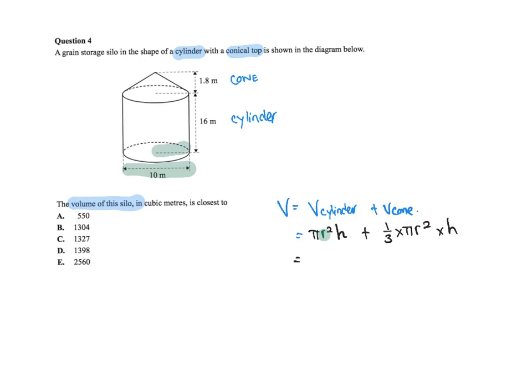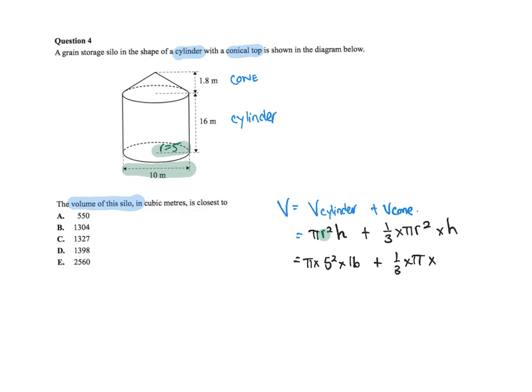So you know radius is 5. So you can pop that in. So you've got pi times 5 squared times, now what's the height of the cylinder? 16, good. Plus 1/3 times pi, what's the radius of that cone?